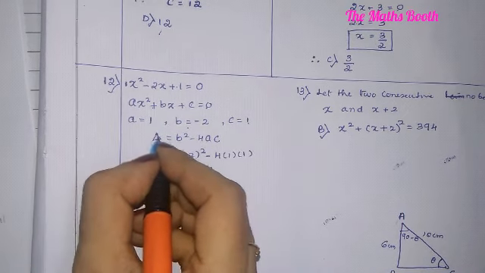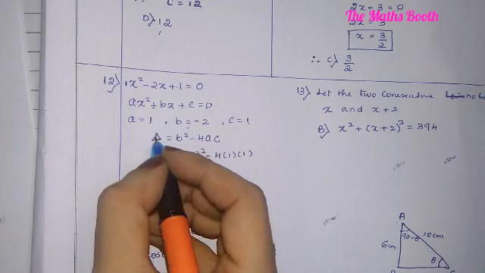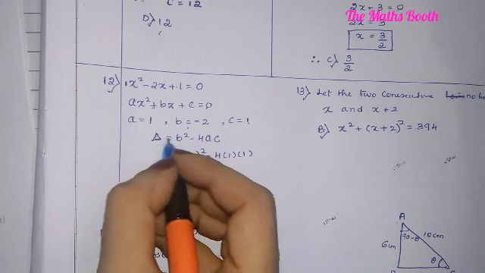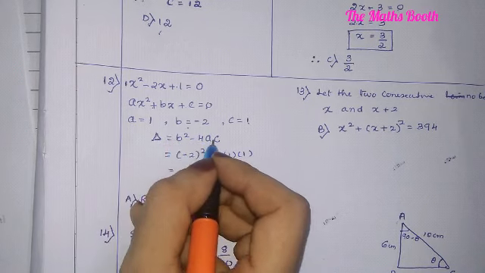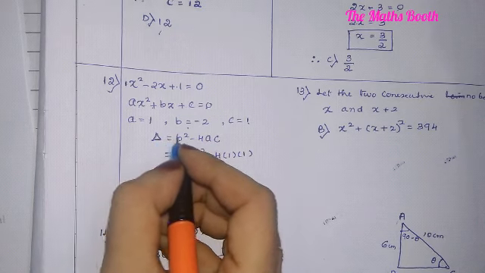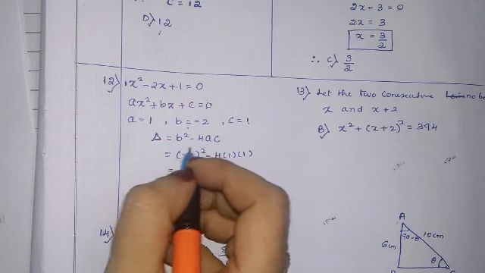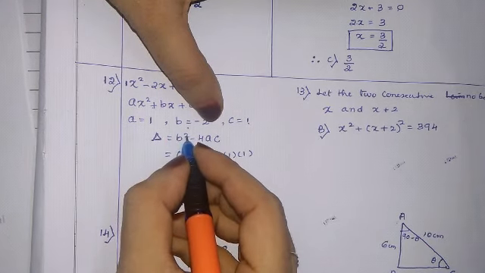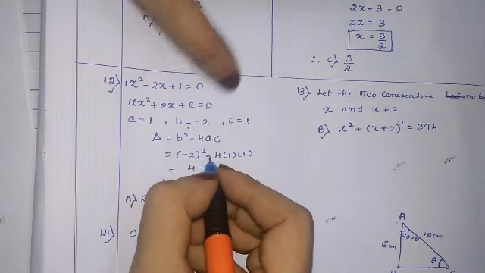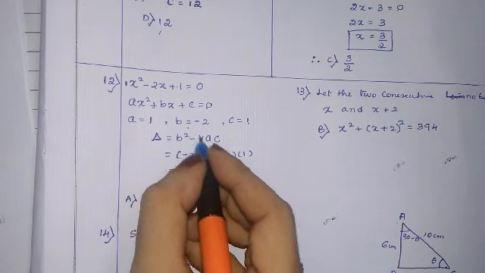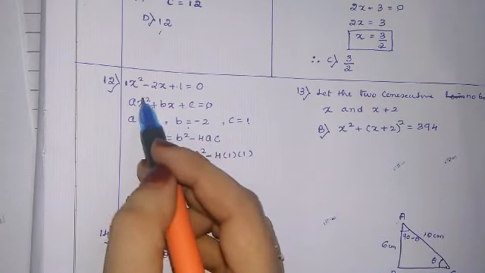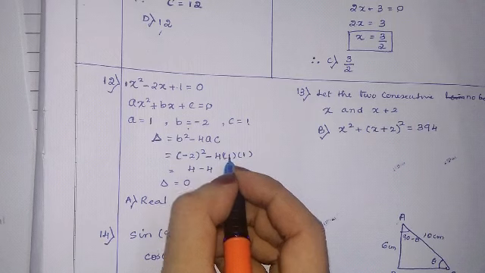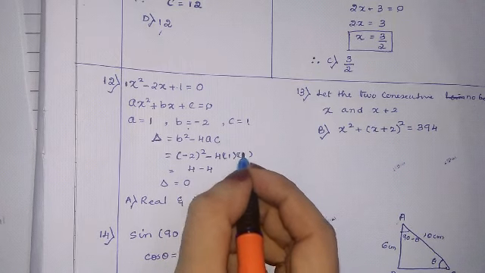To find the nature of roots, we need to find the discriminant value. D is equal to b square minus 4ac. B value is minus 2, so in place of b square, I'll write (minus 2) square, minus sign as it is, 4 as it is. A value is 1 and c is also 1.